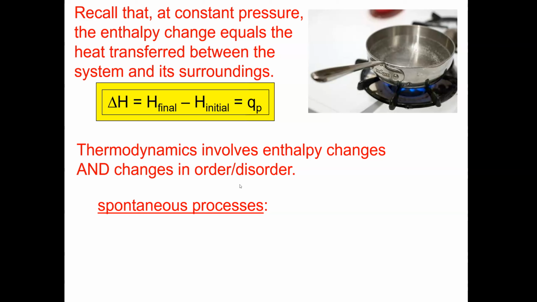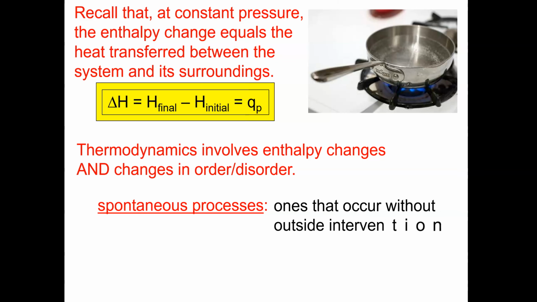So there are two terms here you want to think about. A spontaneous process is one that occurs without outside intervention. Now, this is a little misleading. Sometimes it doesn't mean it's going to occur by itself. You may need some sort of spark or activation energy. But generally, it means it's going to require minimal amounts. It's also called thermodynamically favored.